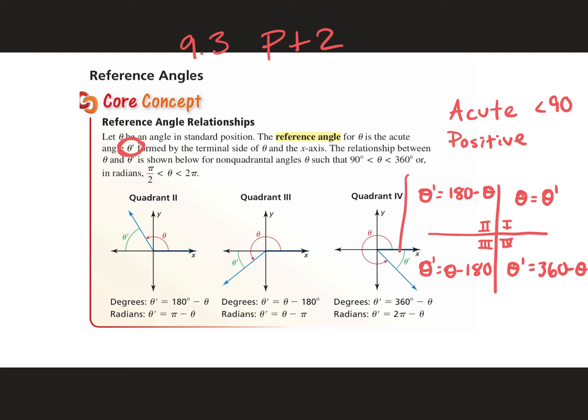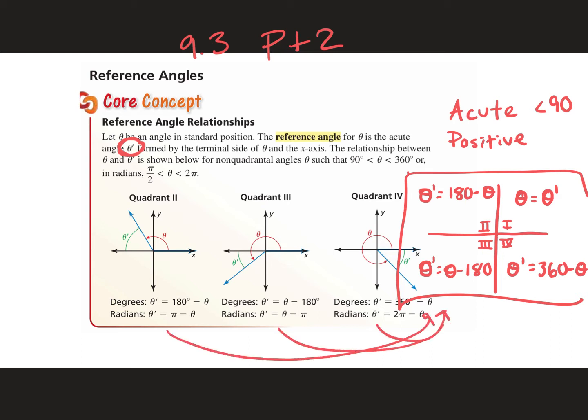This little picture that I drew is all of these put together, all in one picture. It shows quadrant 2, quadrant 3, quadrant 4, and it has the formulas down here. The formulas on the bottom are in degrees and radians, but we're always going to change it to degrees because it just makes our lives so much easier.